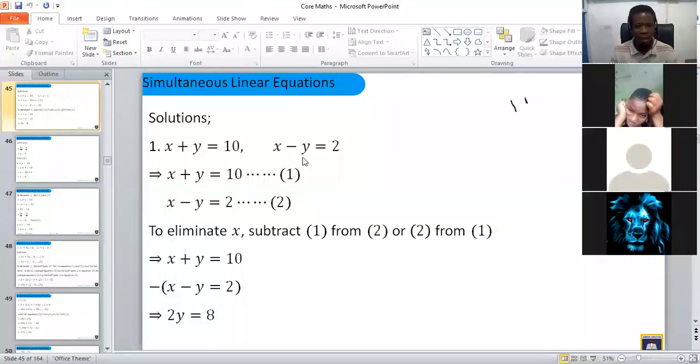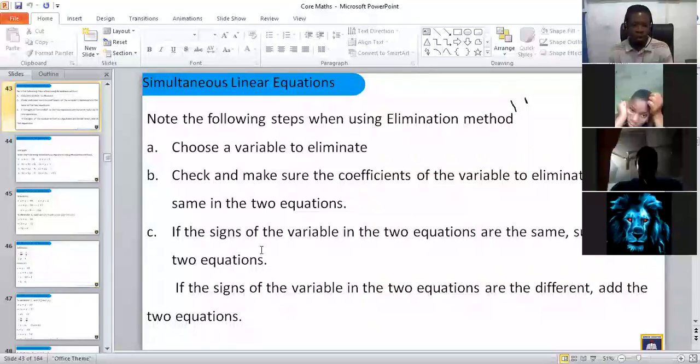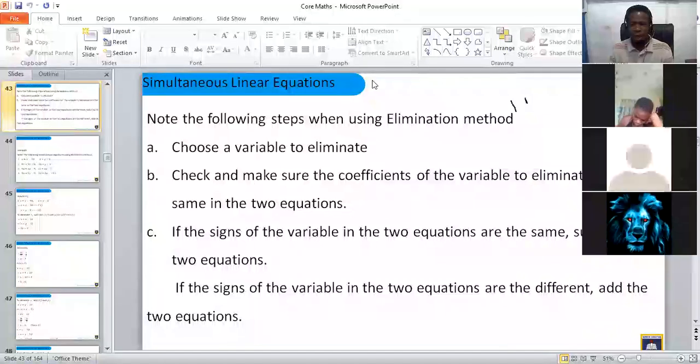So when we go back to our previous rules, we said that if the signs of the variable in the two equations are the same, subtract the two equations. So if the signs of x in equation 1 and 2 are the same, positive, positive, we subtract. If it is negative, negative, we still subtract. Are you okay with that explanation?